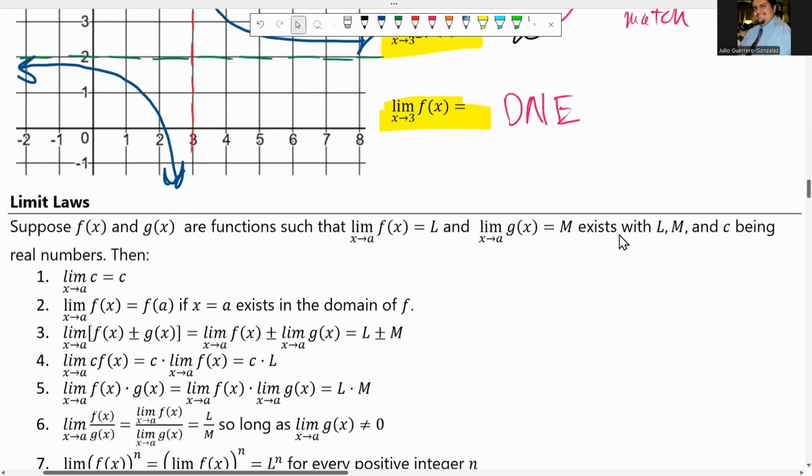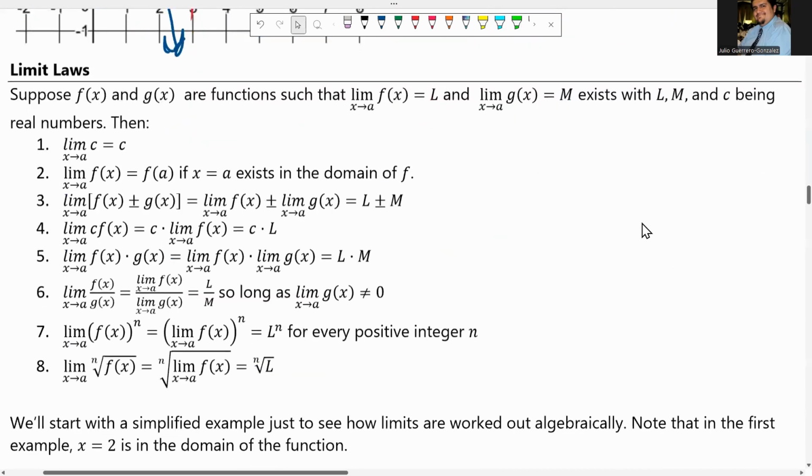Let's move on to limit laws. From the definition of limits, we get these limit laws. Basically, if you were to prove them out, they are going to hold true for any limit that you can possibly think of. So let me cover them really quick.